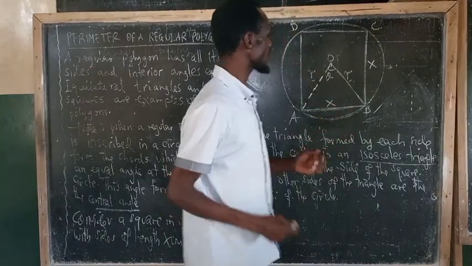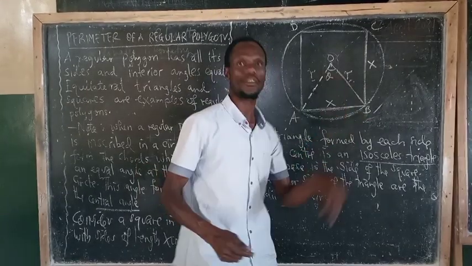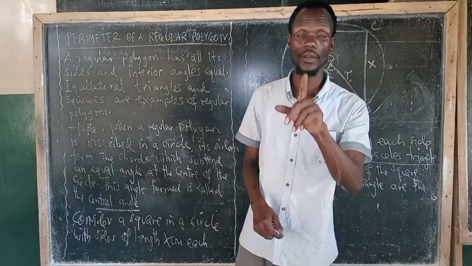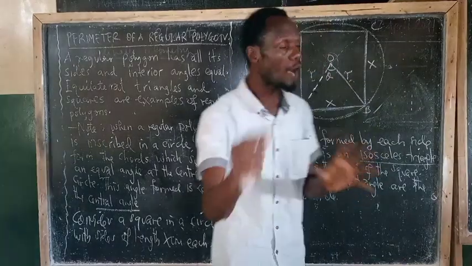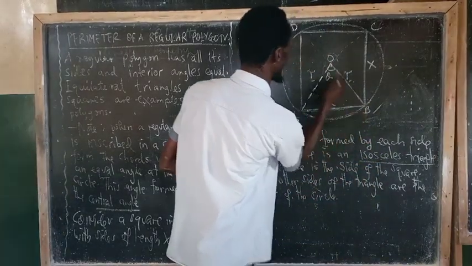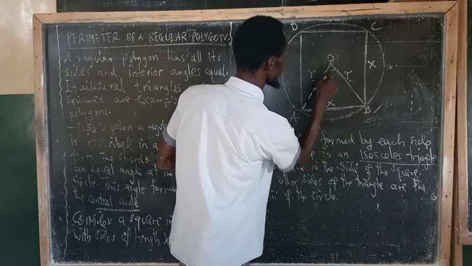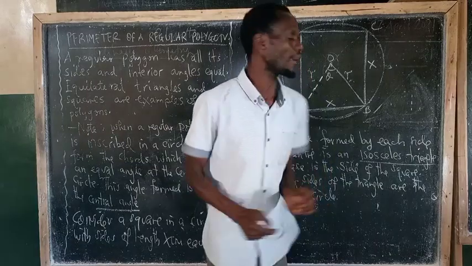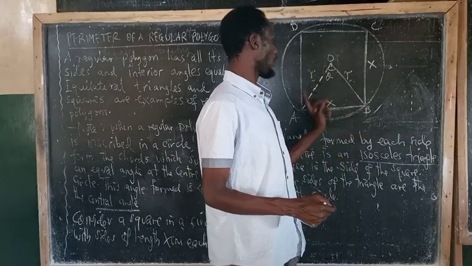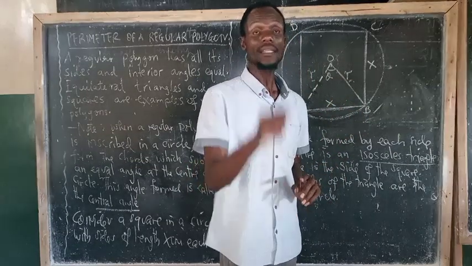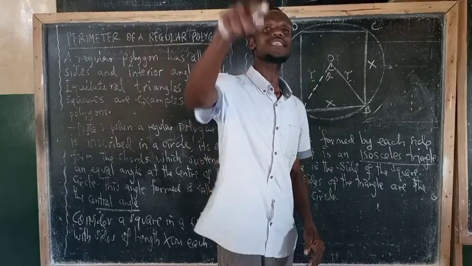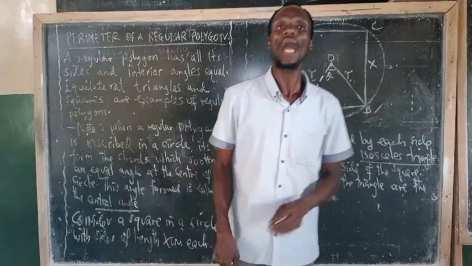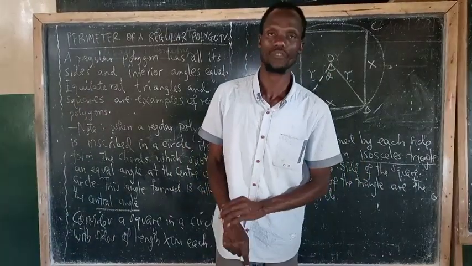That is why, from the statement, the other sides of the triangle are called radii of the circle. That is very important. So if we consider this triangle, an isosceles triangle, it is made up of two equal sides, and that is why it is called an isosceles triangle.